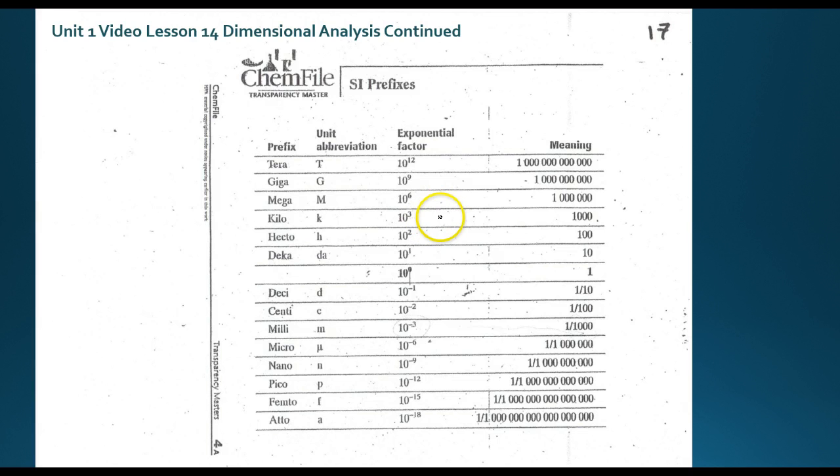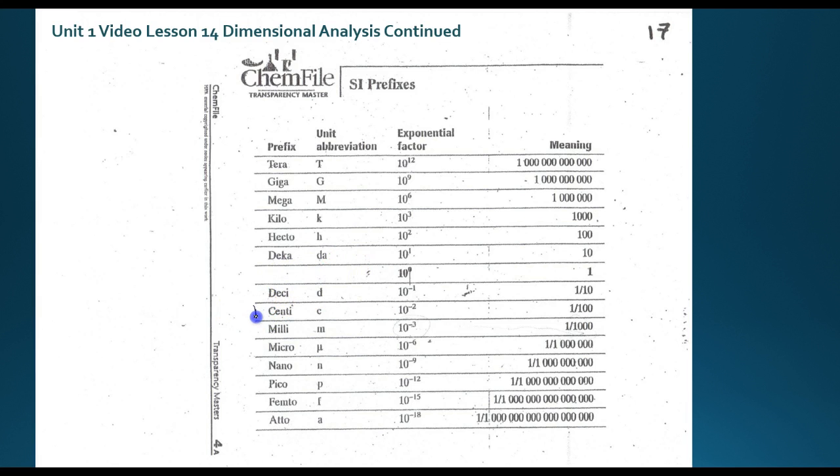It means 1,000. But the one thing about this conversion factor chart, as I call it, is that the SI prefix chart is set up like equality statements. And this is what I mean. You always have a base unit. A base unit is a unit without a prefix. So this is set up as 1.